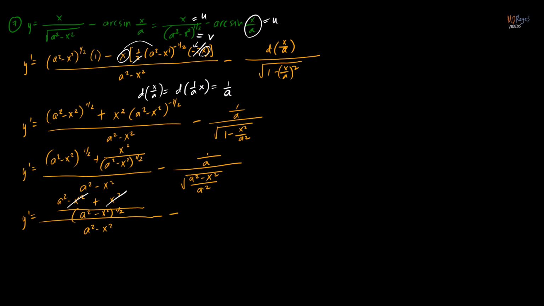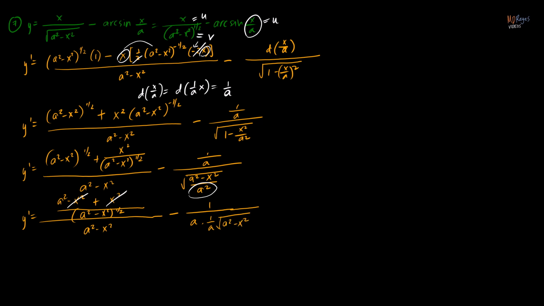So combining like terms here, you'll get 0 for these two terms. Now minus, this a here will go to the denominator when simplified. And then the square root of a squared will also go out of the radical sign because the square root of a squared is just a. So 1 over a times 1 over a. The 1 over a here comes from the square root of a squared inside the radicand, so the square root of a squared minus x squared.